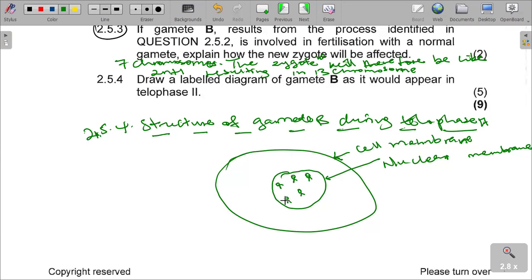This one must have its legs that side, and then here's the head, which also should have this. And then we have got our nucleus somewhere there. So as you can label this, class, we are saying nuclear membrane, cell membrane, and then we have got this as the nucleus.